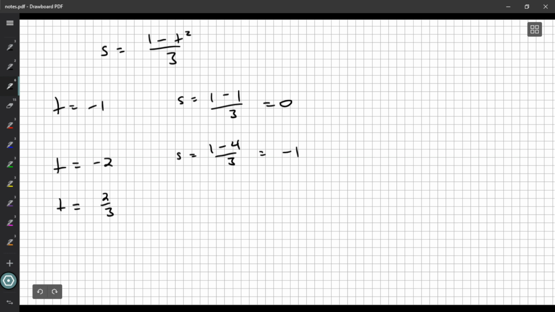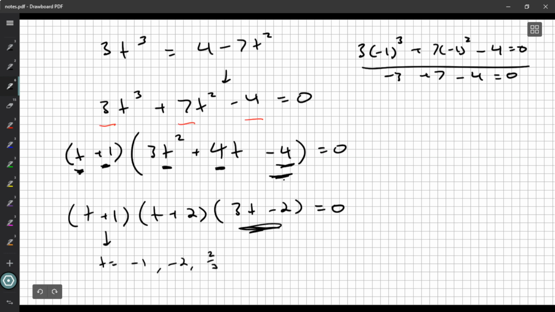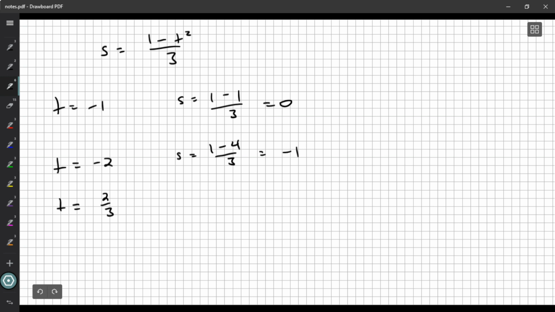And for t is 2/3, we will have s is (1 minus 4/9) over 3, so that'll be 5/9 over 3, which is 5/27. Okay, so we do get a t and a corresponding s.